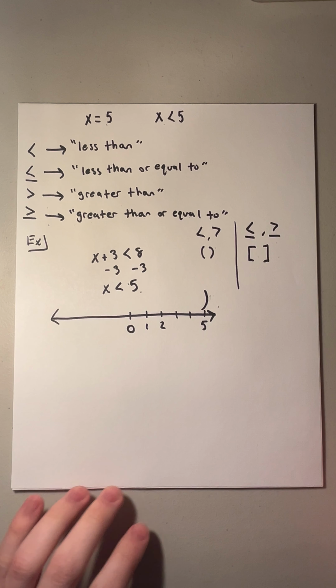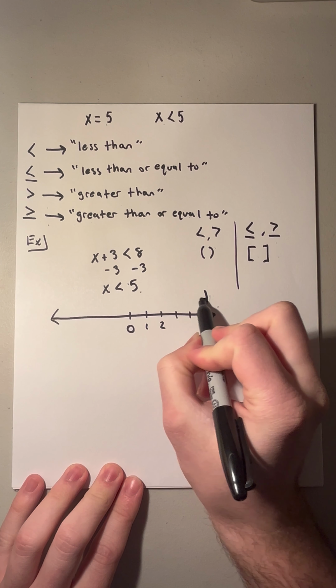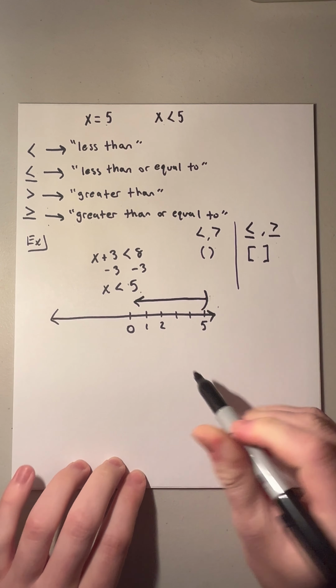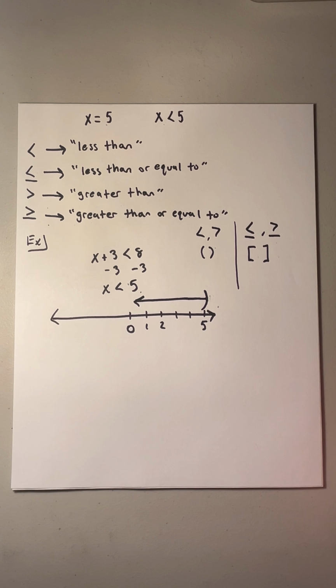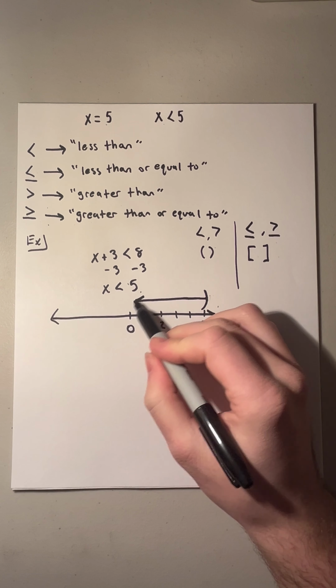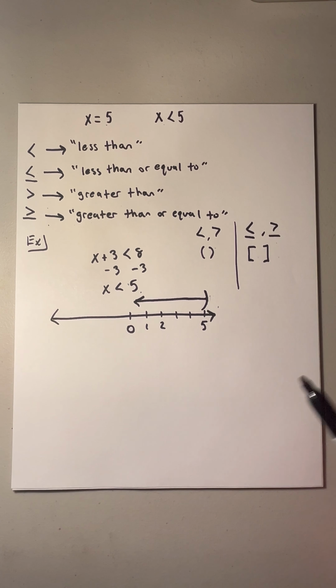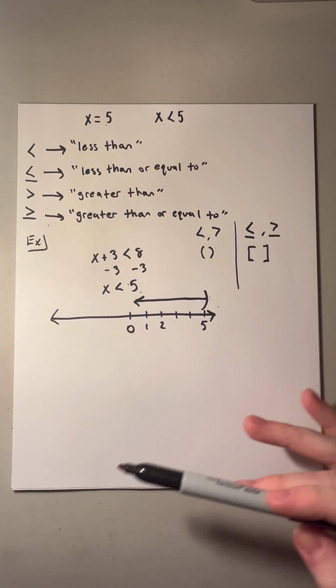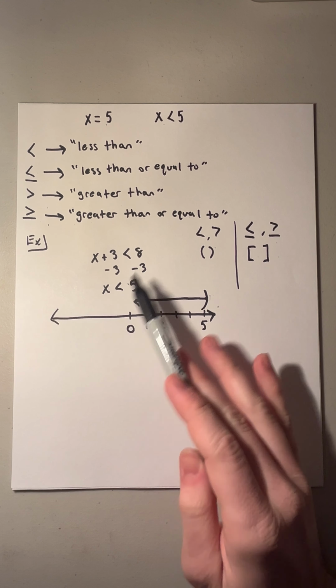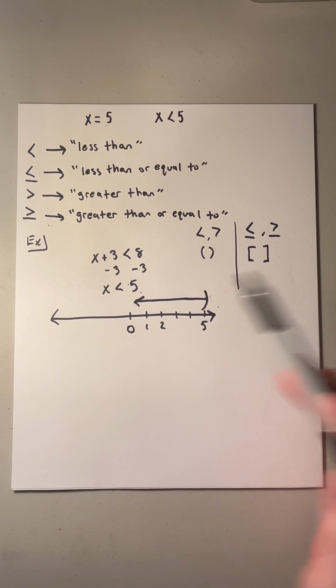Now, how you would finish writing this is drawing a line and then putting an arrow somewhere. The arrow doesn't really matter where it is, because the arrow indicates that this goes on forever in the negative direction to negative infinity. Any negative number added to 3 will always be less than 8.